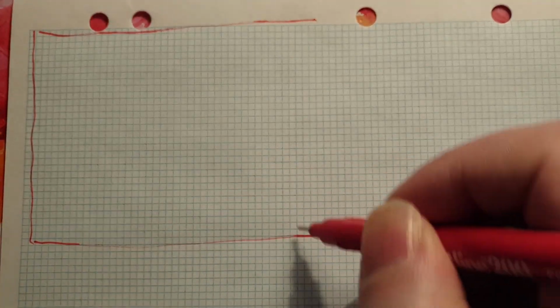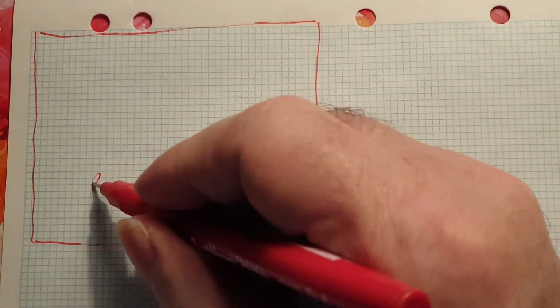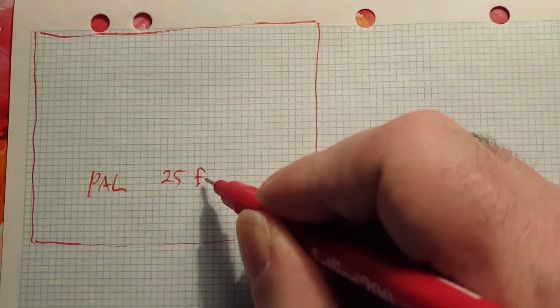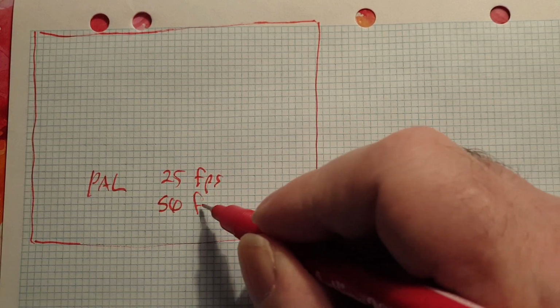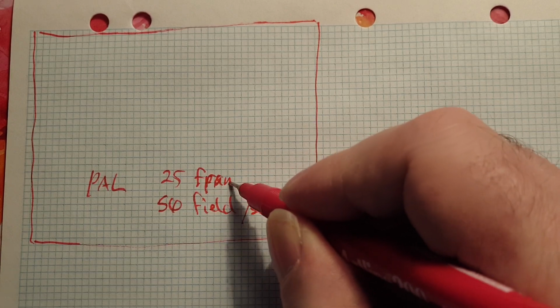In my country, which uses PAL video, you've got a 25 frame per second signal and a 50 field per second signal.